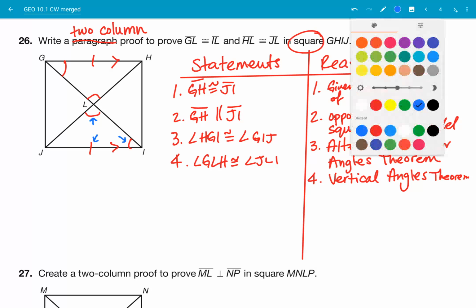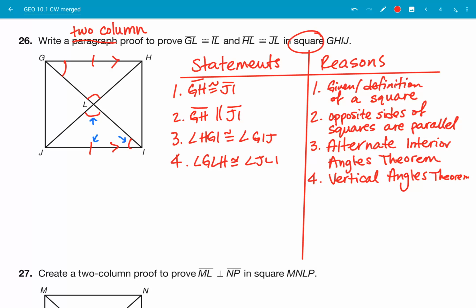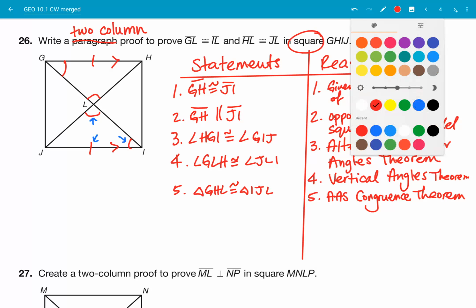So these 2 triangles, triangle GHL, should be congruent to triangle IJL by angle side congruence theorem.